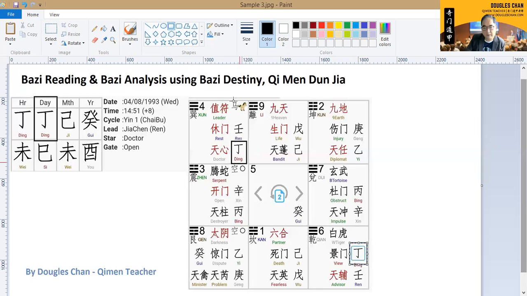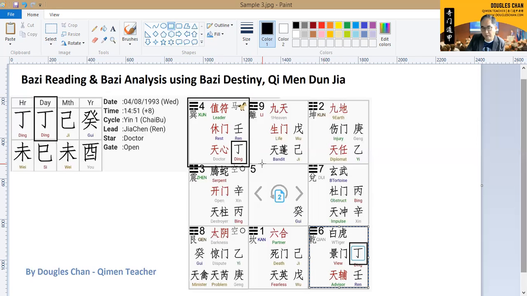This is classified as box number 4, and this is classified as box number 3. Box number 4, everything inside this particular box represents the character of the person. And box number 6 itself also represents the character of the person.